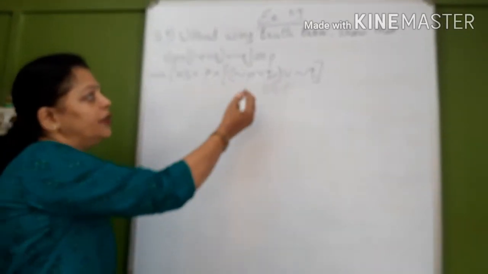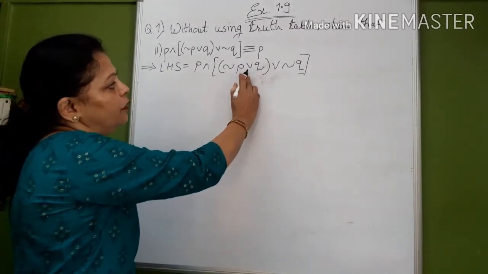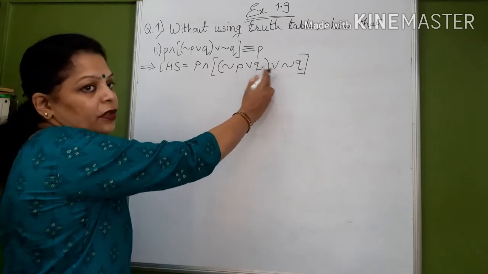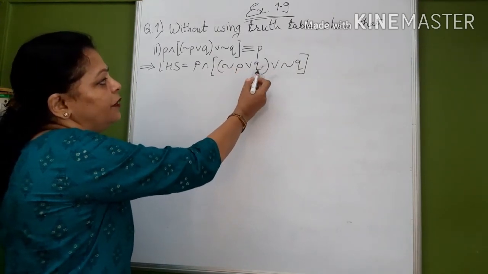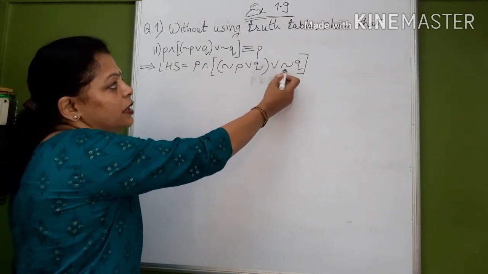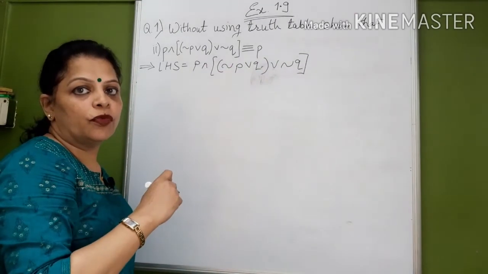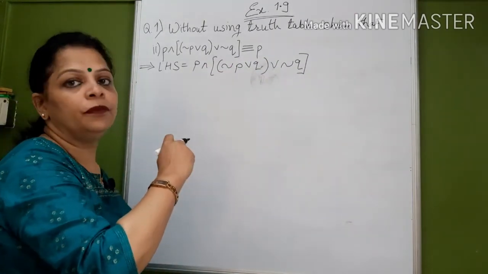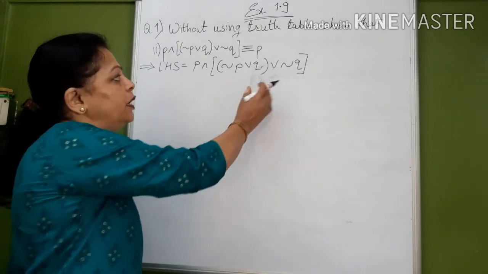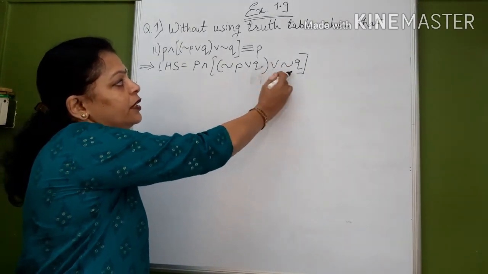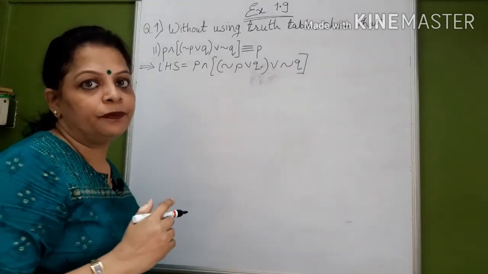Now you can see over here there is only one same connective, or, but here we have Q and on this side there is negation Q. So what we can do is, using the associative property, we can put this Q and negation Q in one bracket.